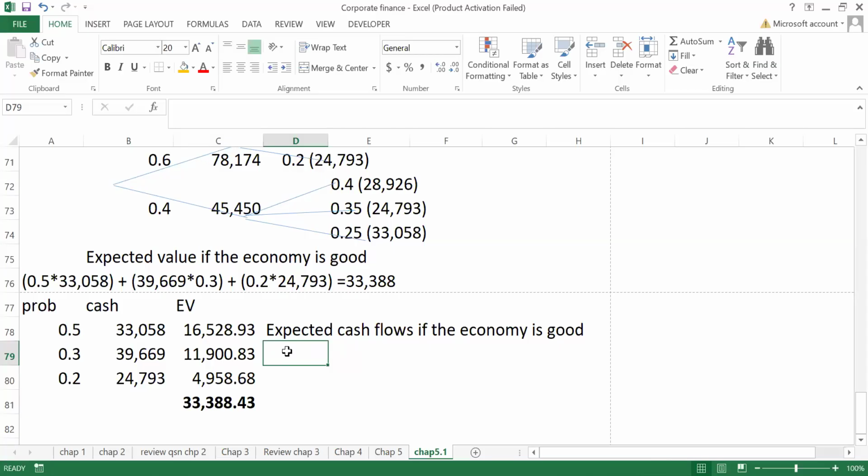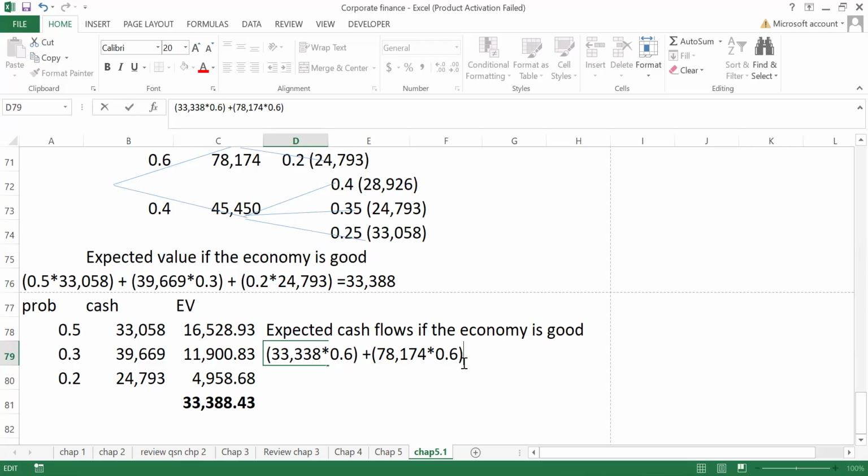You get the expected cash flows, which is 338 times 0.6, plus 78,174 times 0.6.